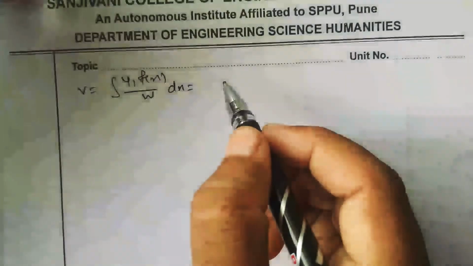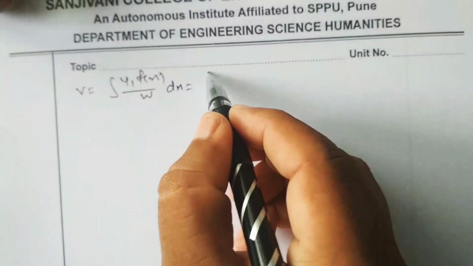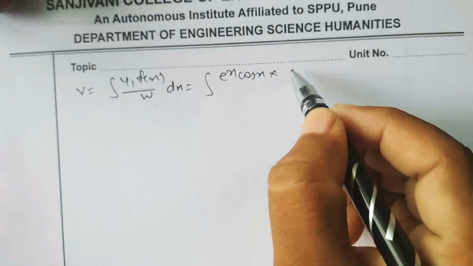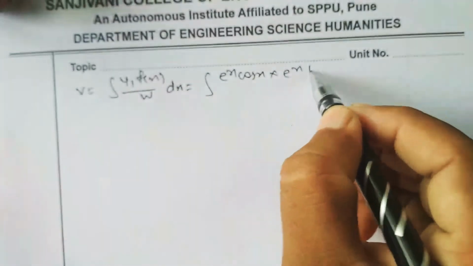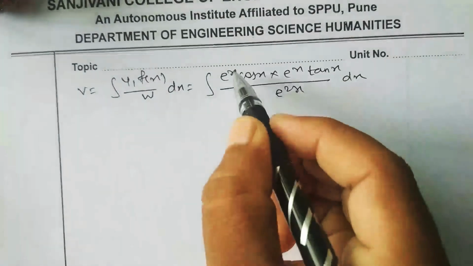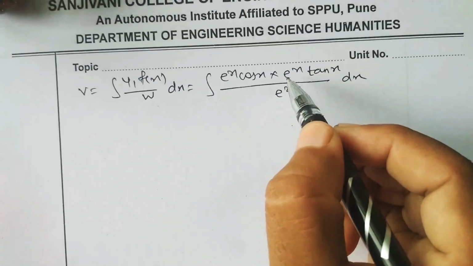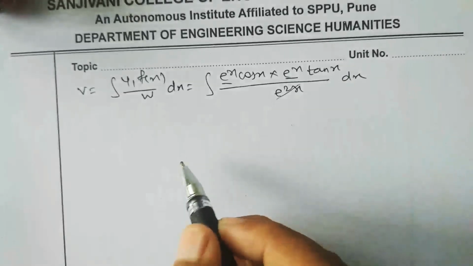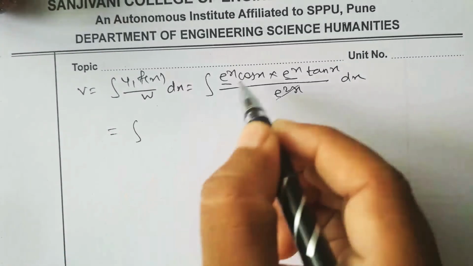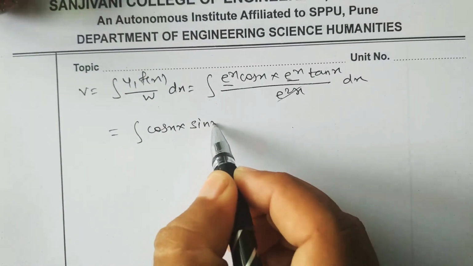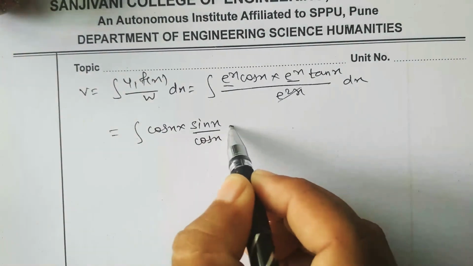This is equals to integration of the value of y1, which is e raised to x cos x, into f of x, which is e raised to x tan x, upon w, which is e raised to 2x, dx. Again, e raised to x into e raised to x is e raised to 2x, and this e raised to 2x gets cancelled. So we will get integration of cos x into tan x. Tan x can be written as sin x upon cos x dx.